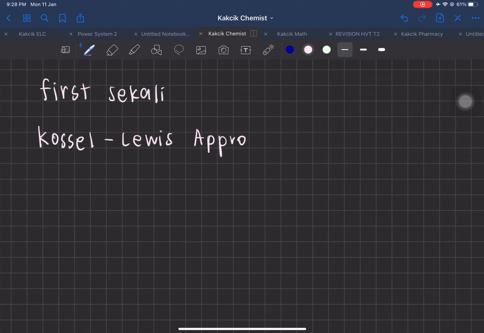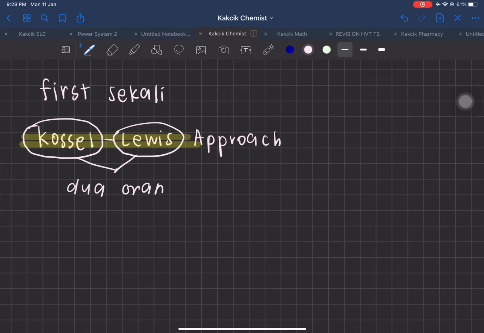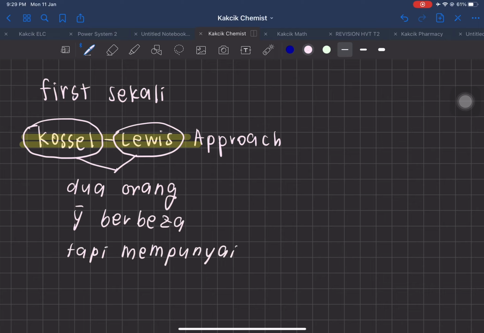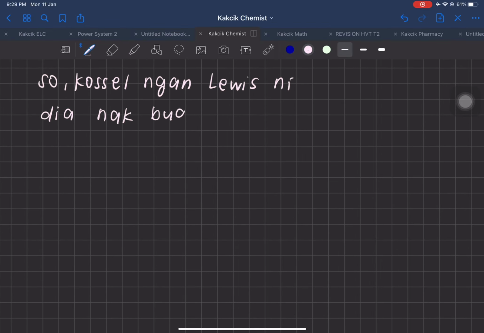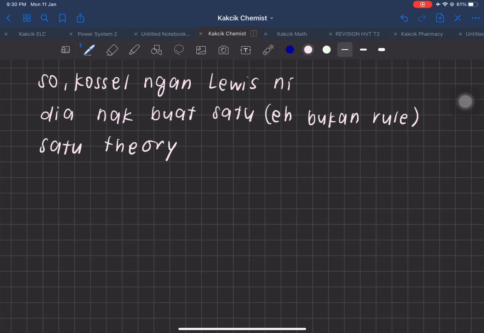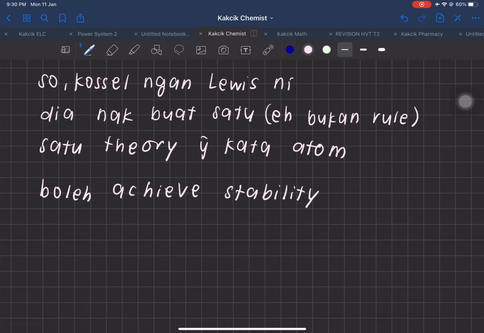Okay, first kali, it is Kossel-Lewis approach. Okay, Kossel and Lewis ni adalah dua orang yang berbeza tapi mempunyai minat yang sama. Macam itulah. Okay, so Kossel dengan Lewis ni, dia nak buat satu teori yang kata atom boleh achieve stability of octet bila mereka dilingkan dengan chemical bond.